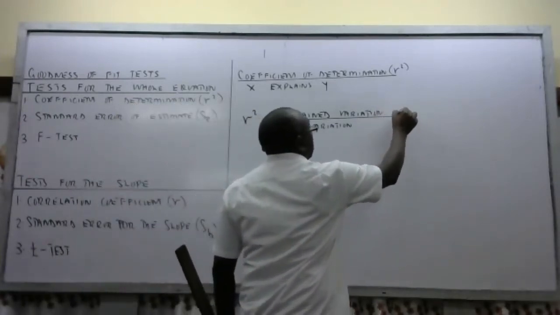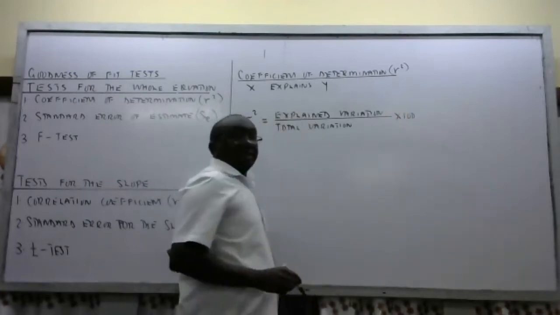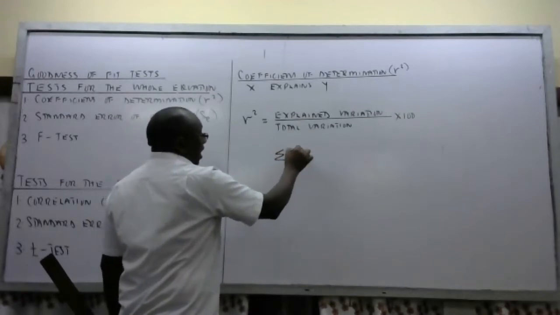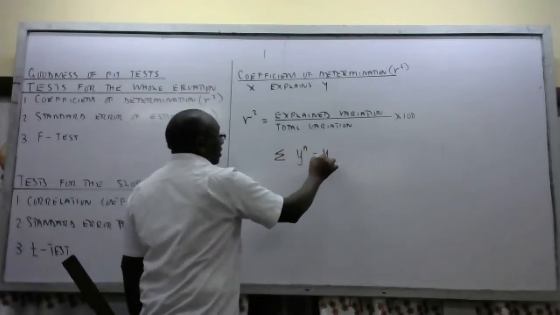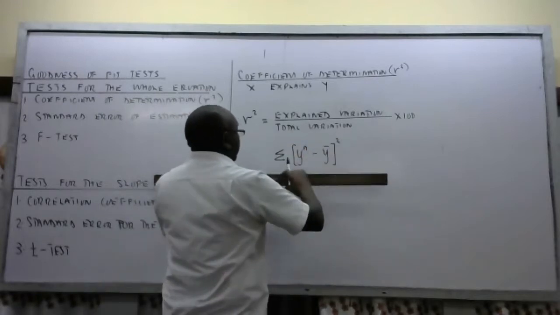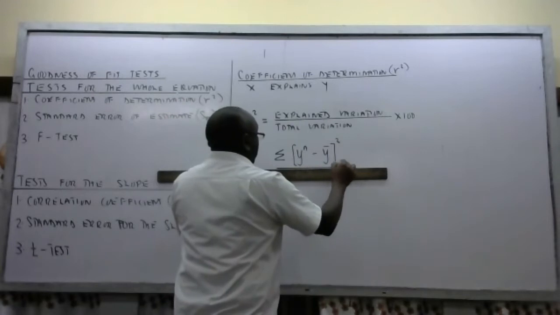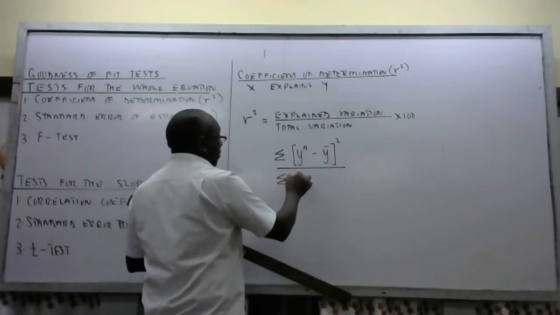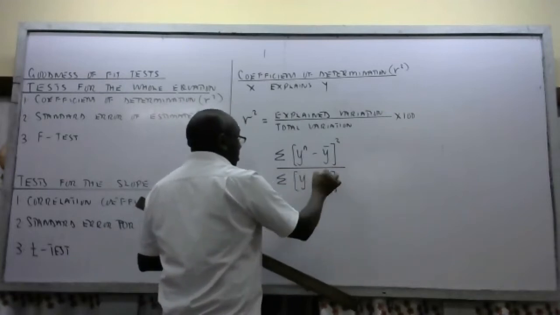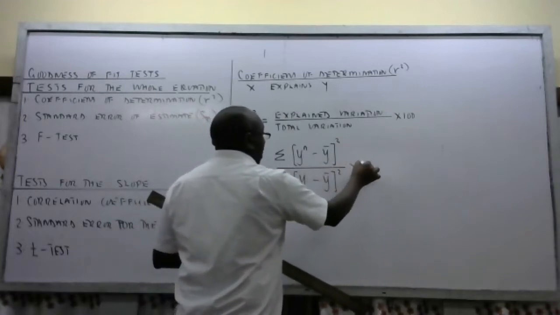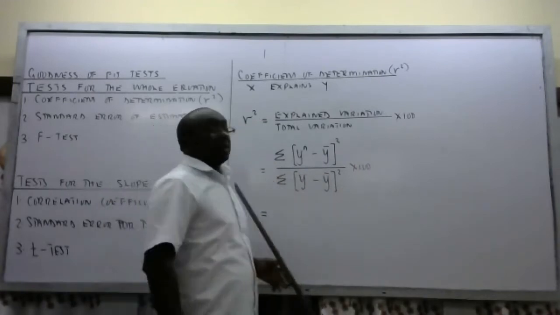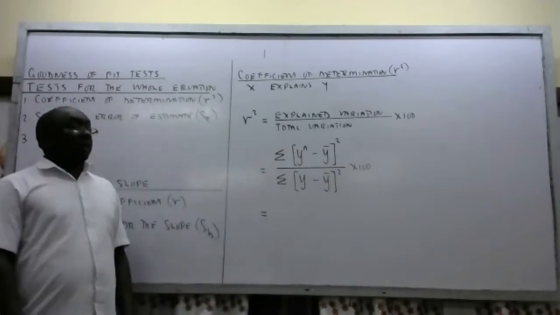You can choose to multiply by 100 or you can leave it. Now this changes to the sum of y predicted minus y bar, squared, divided by the sum of y minus y bar, squared, multiplied by 100.